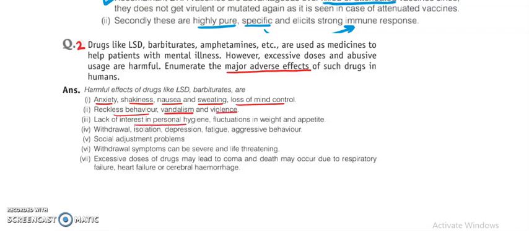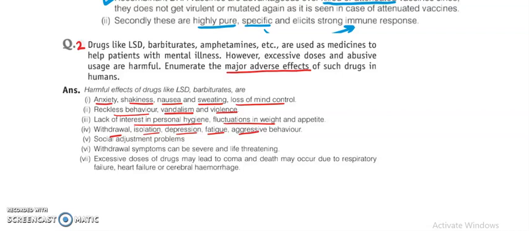Lack of interest in personal hygiene, because the person is not conscious. How is the person going to look after the hygiene? Fluctuations in the weight and in the appetite, withdrawal, isolation, not merging with others, and when the person will not share his or her inner feelings with another person, automatically the person will undergo depression, tiredness, aggressive behavior will be there.